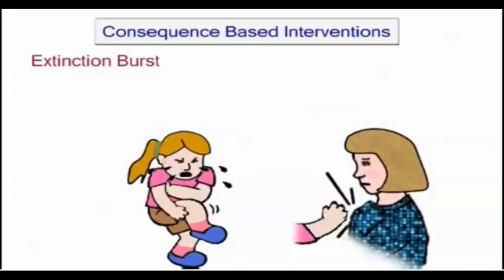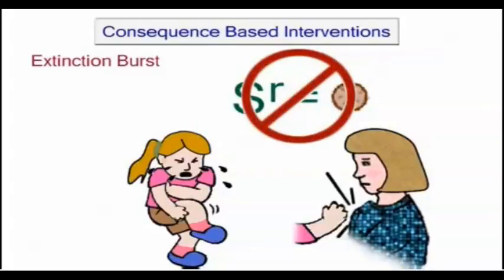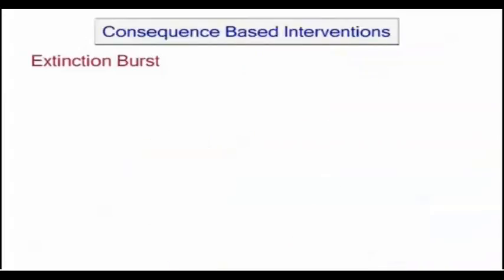As long as the reinforcer, a cookie, is not provided, the problem behavior and the other new responses that have emerged during the burst will eventually decrease and stop.